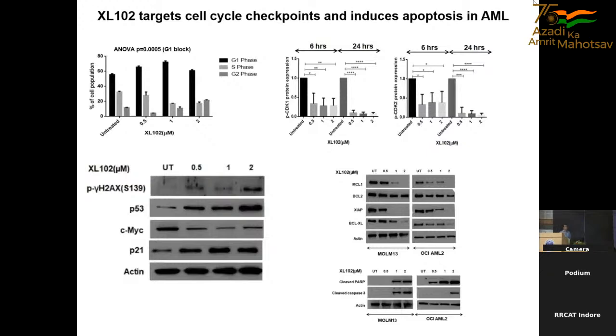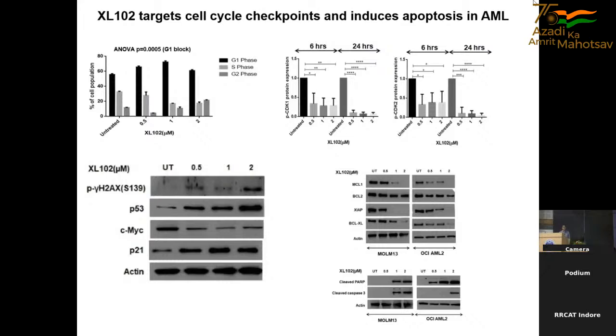Then we checked the expression levels of anti- and pro-apoptotic proteins in the same cell lines. The anti-apoptotic protein was going down, and the pro-apoptotic proteins were going up. So what this suggests is that cells are arresting in the G1 phase and undergoing apoptosis through downregulation of BCL1 and upregulation of cleaved PARP and cleaved caspase 3.